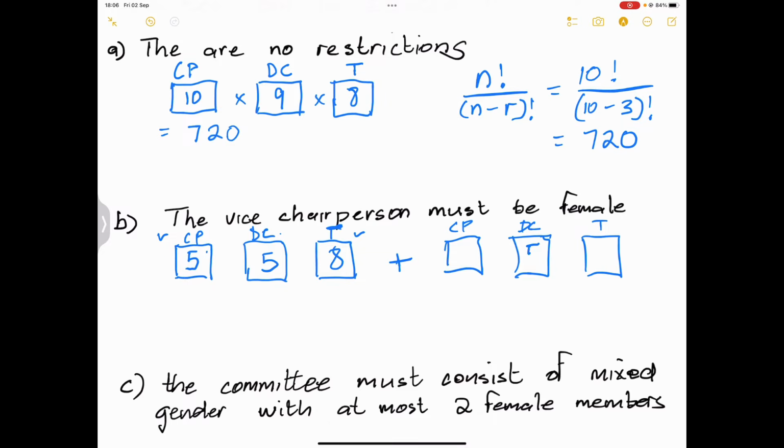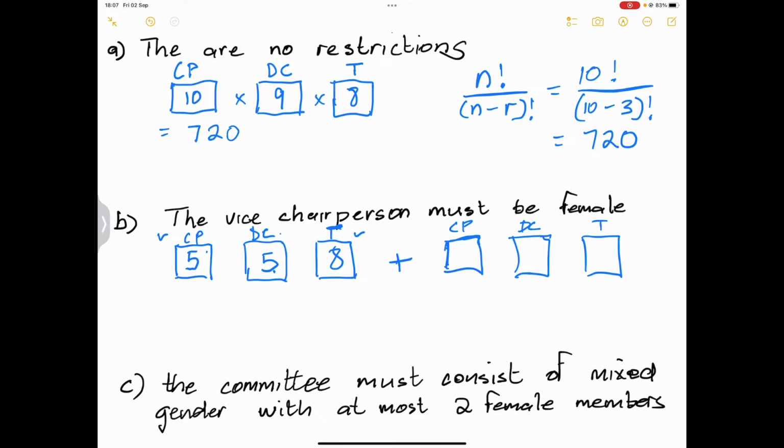Definitely, our deputy chair has to be a female, but remember, you've already chosen one there in the first outcome. So now I'm looking at the probability of our chairperson being female.